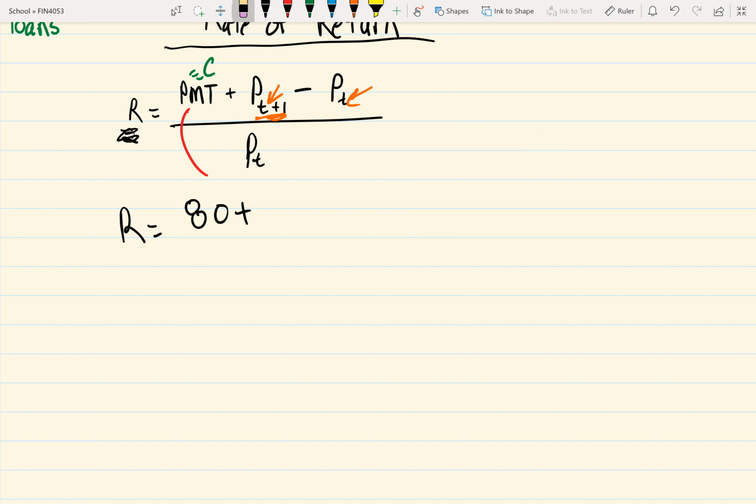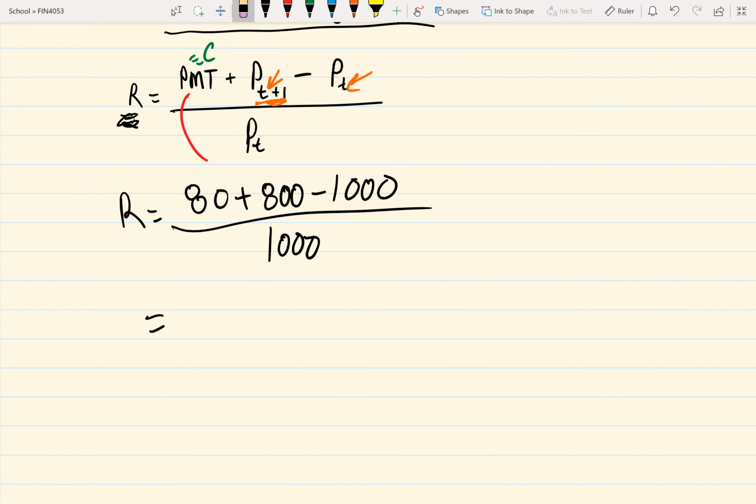So actually it said that you bought it for 1,000 and then sold it, which would be this next period, T plus 1, for 800. And then you bought it in time T at 1,000. So you actually took a loss there. And again, the P T is in the denominator, what you paid for it, which is 1,000. Oh, I'm sorry, minus, not plus, because that's what you paid. So you have 880 minus 1,000 is negative 120, over 1,000 equals negative 12%.